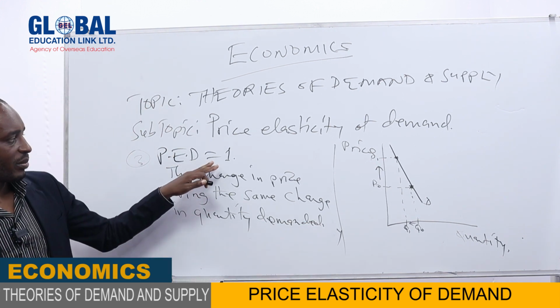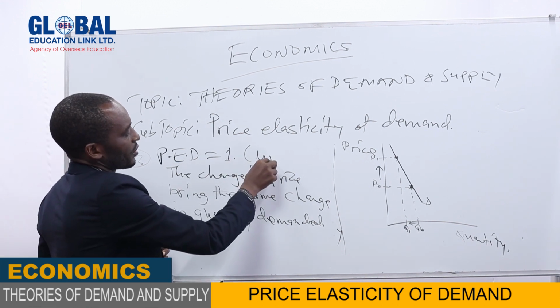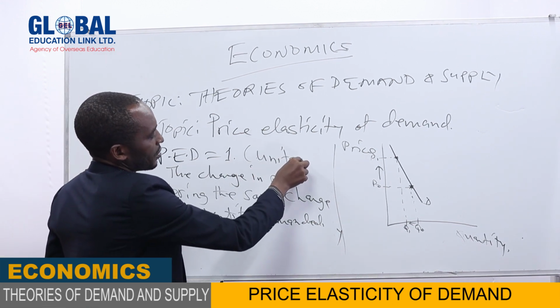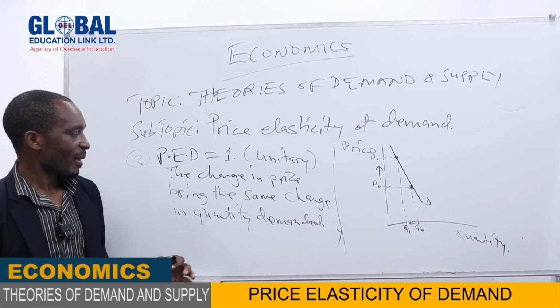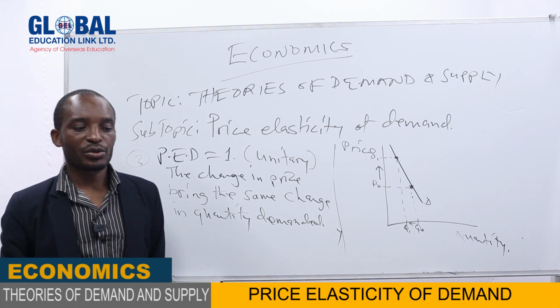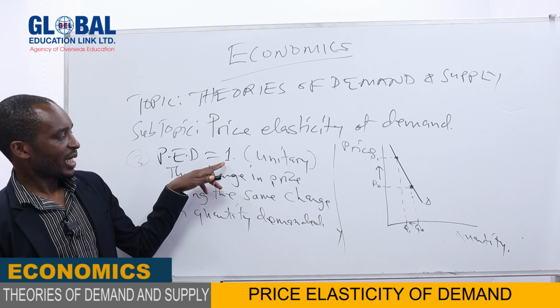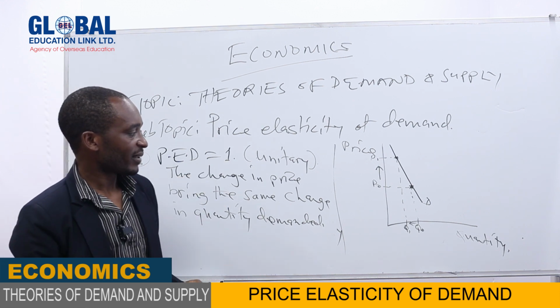So when it is 1, it is unitary. It means the percentage change in price is equal to the percentage change in quantity. So when you divide, we get equal to 1.